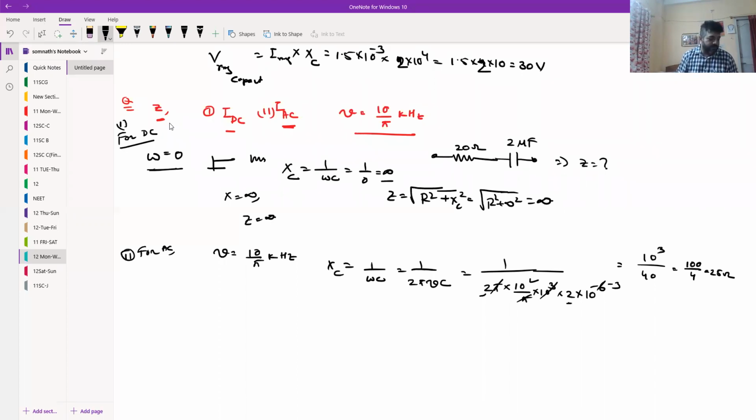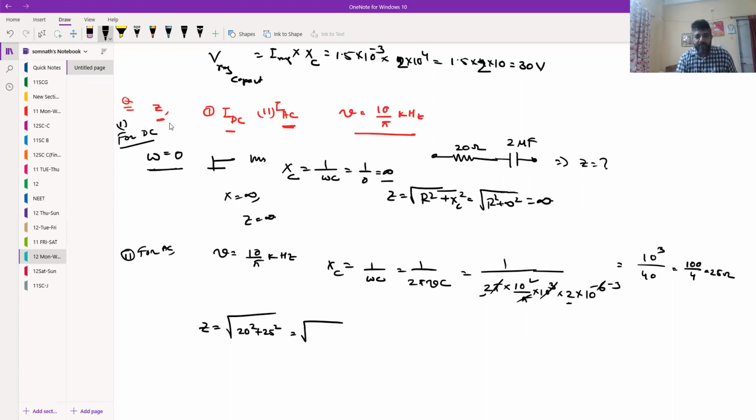Yes, sir. So what about the Z? 20 square plus 25 square. I don't know what the value is. You can calculate and tell me. If everything is right here, you can check it once before you confirm it.